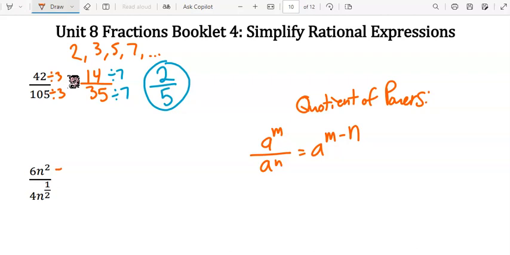So we'll simplify the 6 and the 4 like before. We divide each of them by 2, they're even numbers. And then we're going to subtract the 2 exponents.